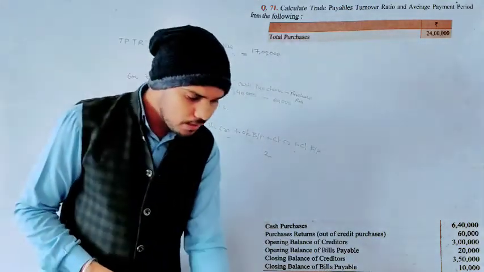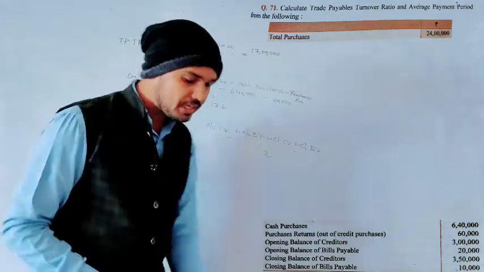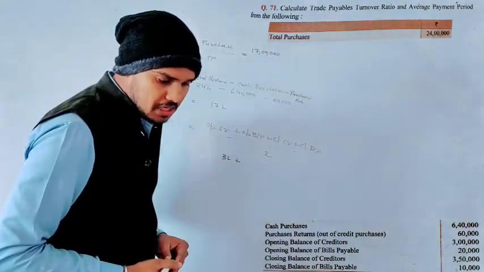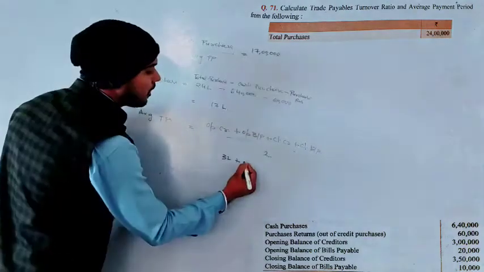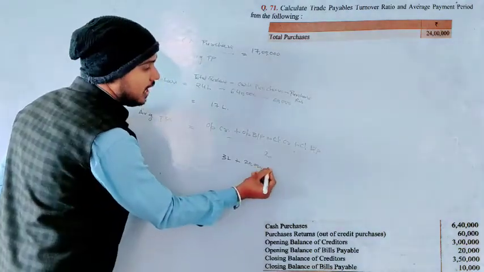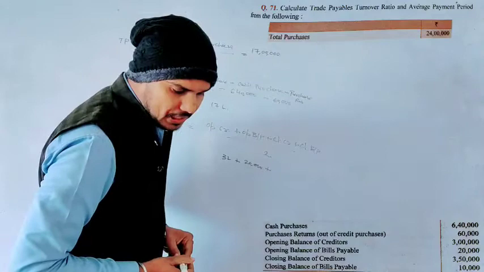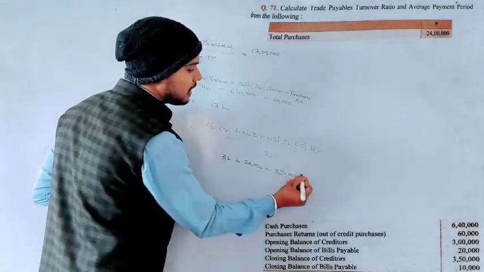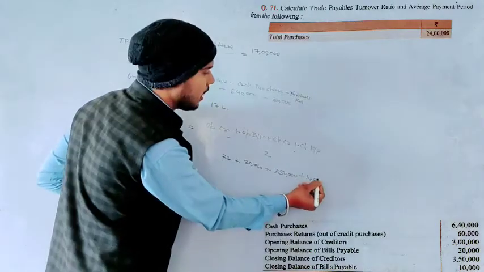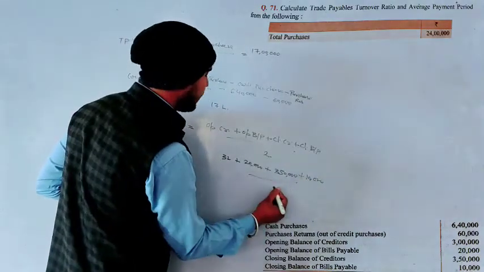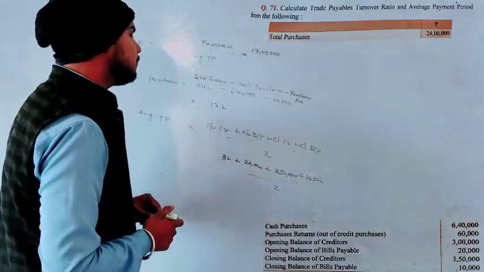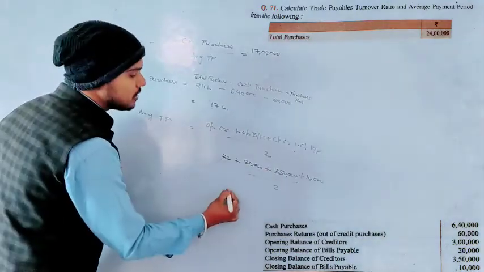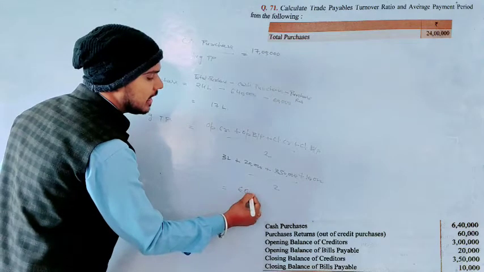So if you see the values given, opening balance of creditors is 3 lakh rupees plus opening bills payable is written as 20,000. Then closing creditors is given as 350,000 and closing BP is given as 10,000 rupees, and this will be divided by 2. So in total, this will be 3,30,000 plus 3,50,000, which is 6,80,000.